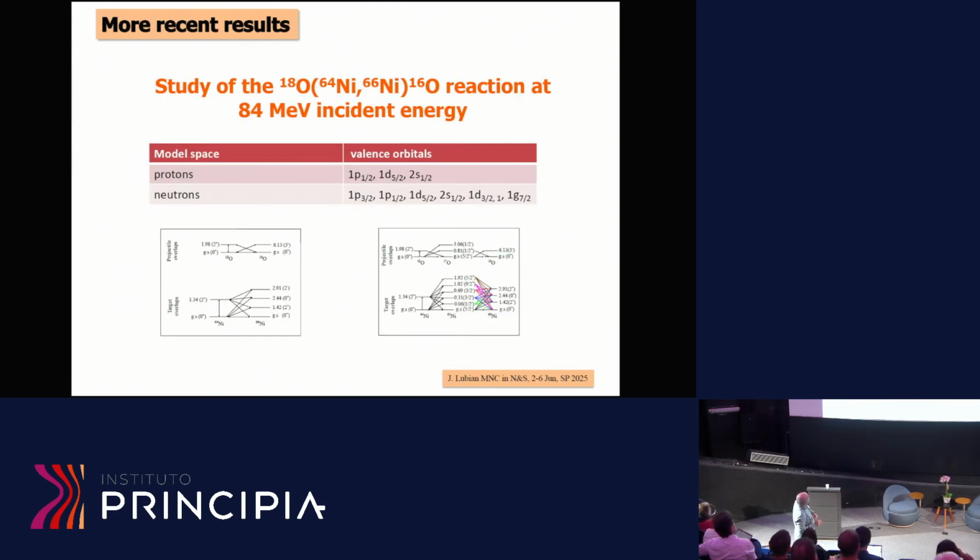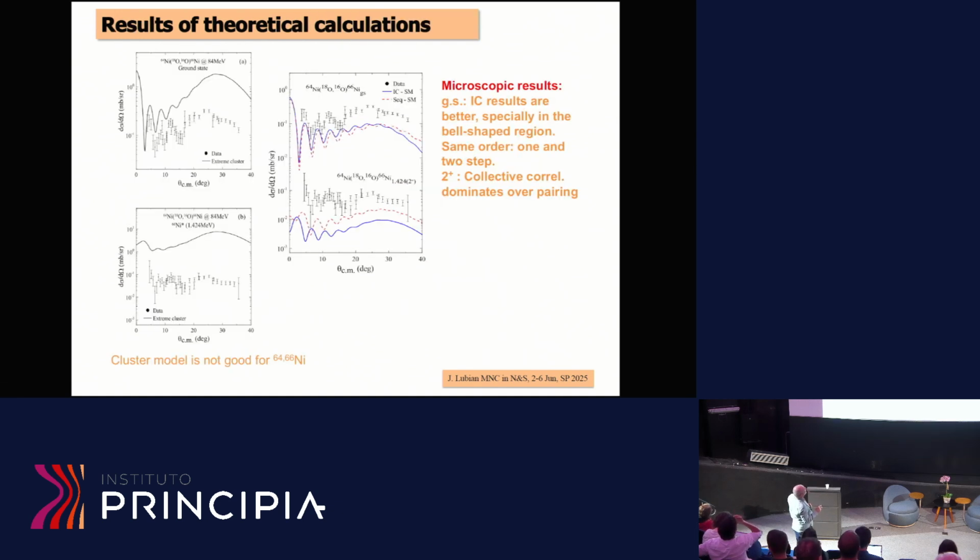Then we studied the nickel-64 target. This is the model space and the coupling scheme used for the direct and sequential transfer. We first did calculations using the shell model as in the previous cases. You see here that in this case, the cluster model is a very poor model, and it's expected, because to say that you have two neutrons outside a core in nickel-64 is not reasonable.